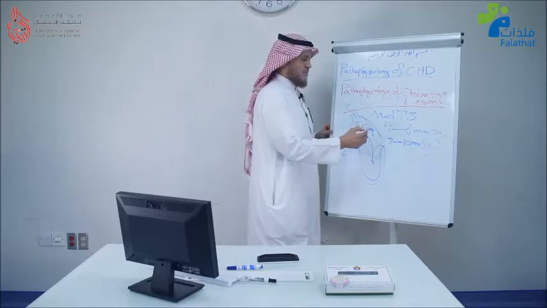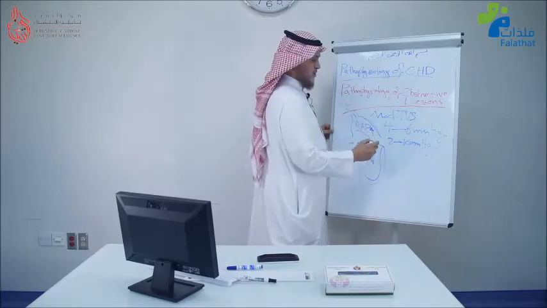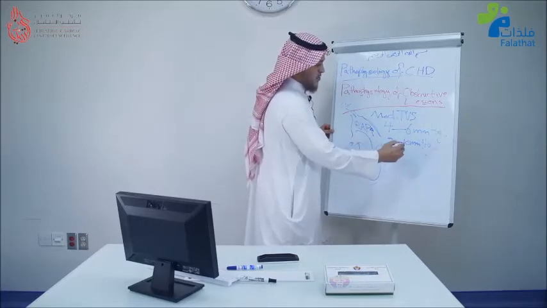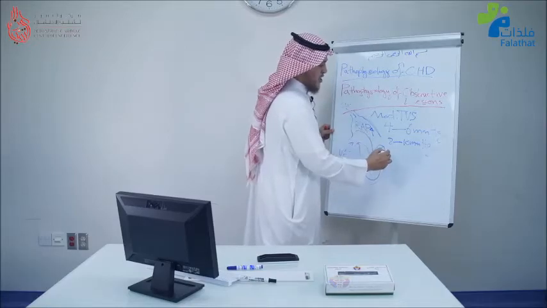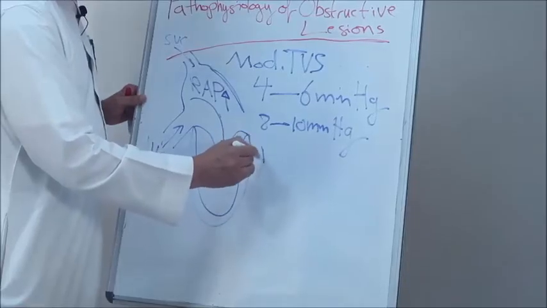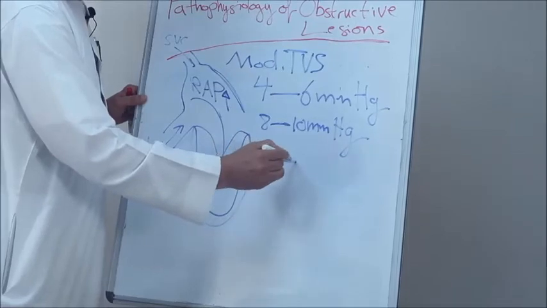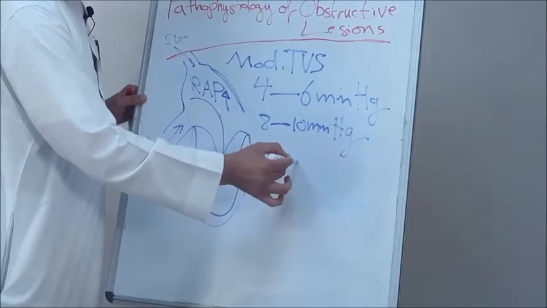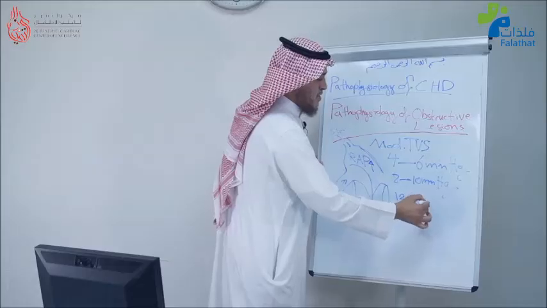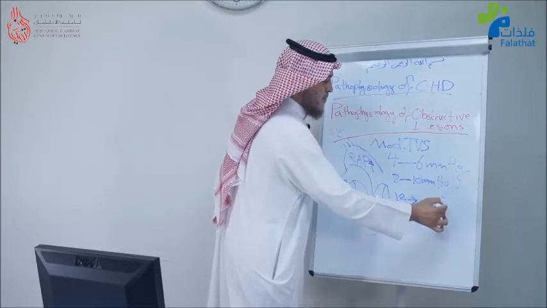Obviously, when it becomes severe tricuspid valve stenosis, then we are talking about RA pressure in the range of 12 and higher millimeter mercury.